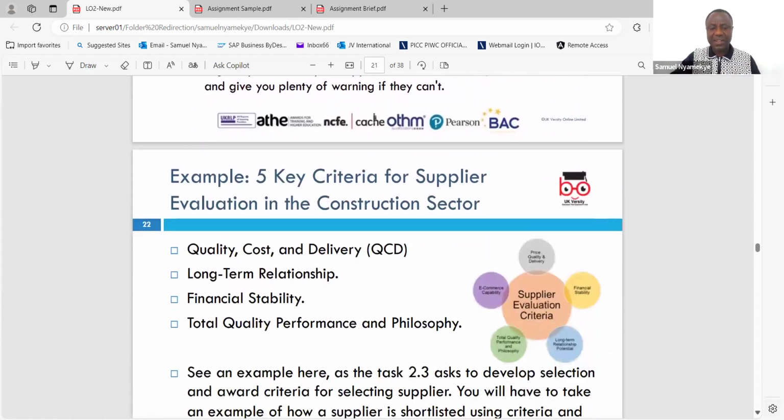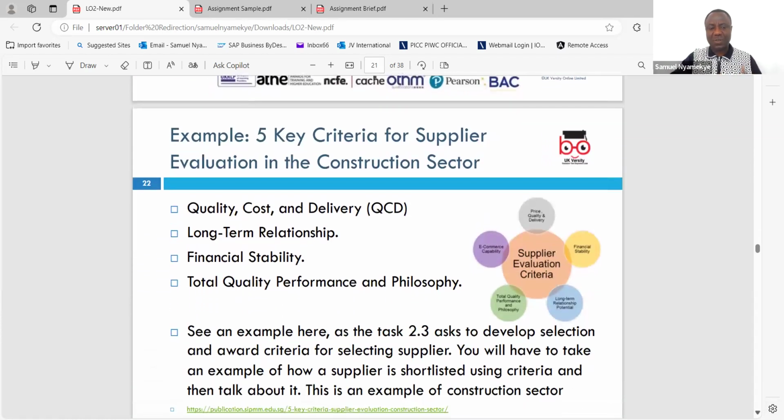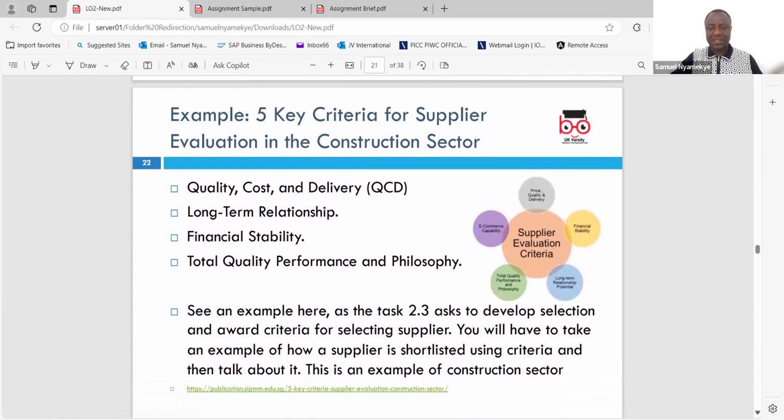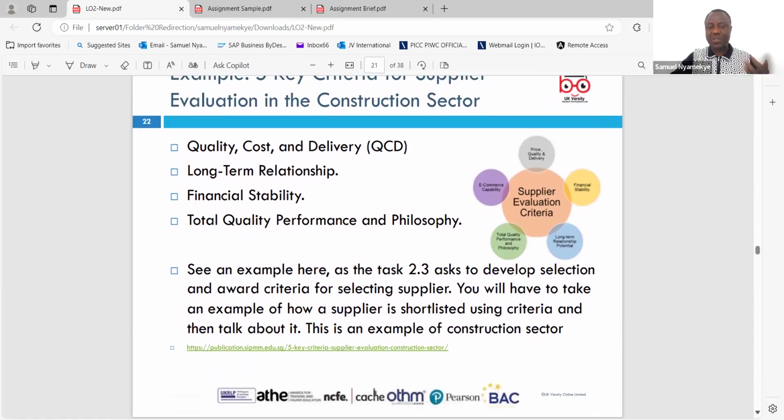Yeah, so an example of a sector that uses this criteria, I mean, the construction, for instance, they'll look at quality, they'll look at cost, they'll look at your delivery, they'll look at relationship, whether you can help them with the long term. Because for construction, they've got projects that are going to be dealt with for 5 years.